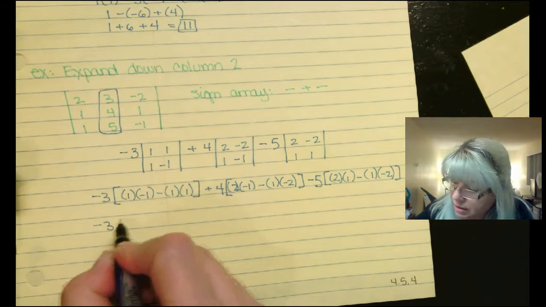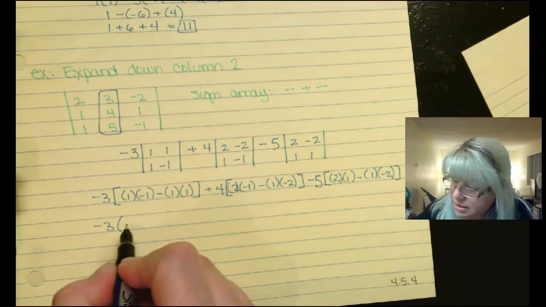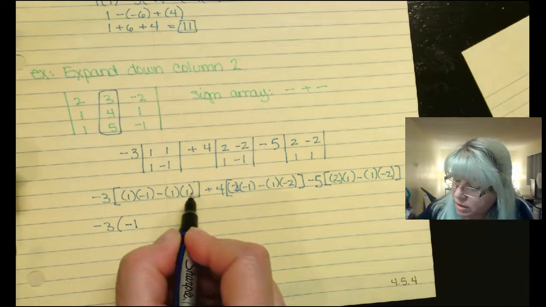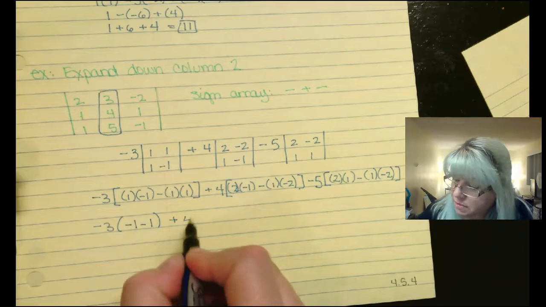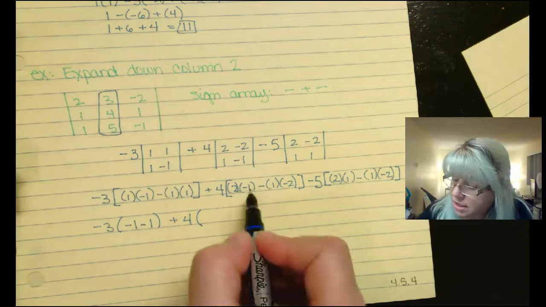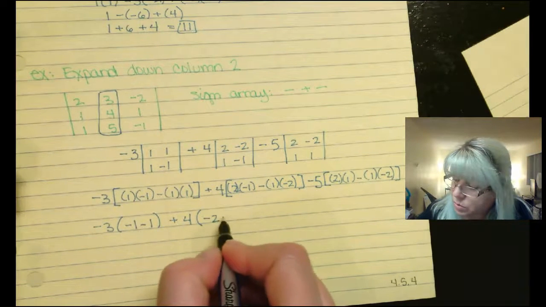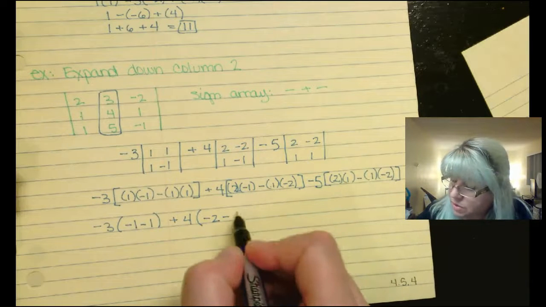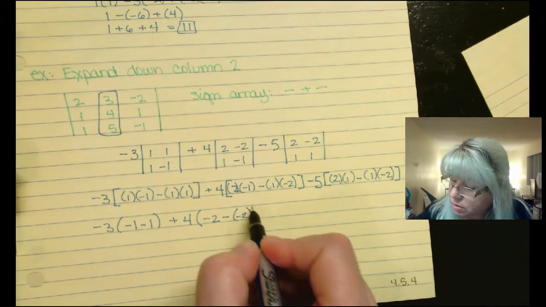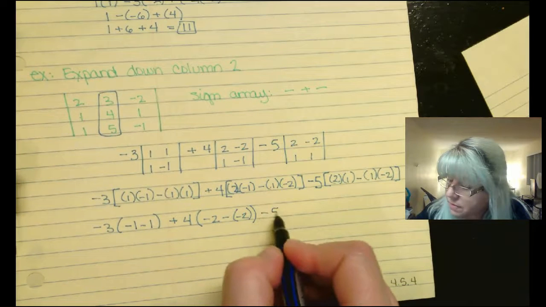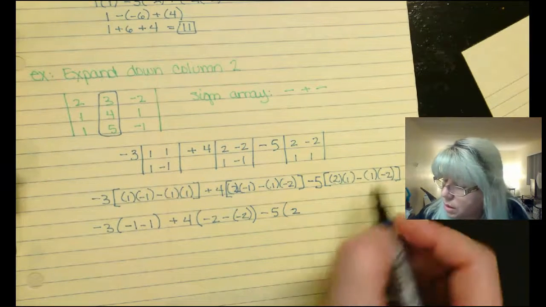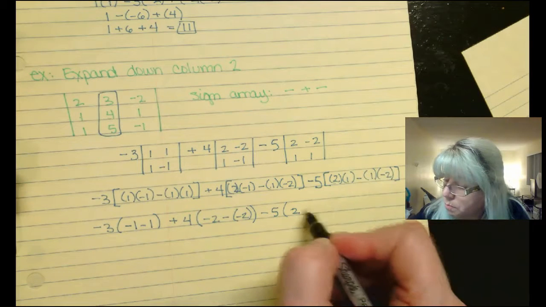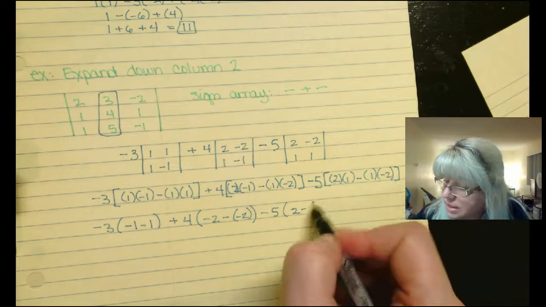Negative 3 times 1 times negative 1 is negative 1. 1 times 1 is 1, but subtract 1. Plus 4 times 2 times negative 1 is negative 2, minus 1 times negative 2 is negative 2. Minus 5 times 2 times 1 is 2, minus 1 times negative 2 is negative 2.